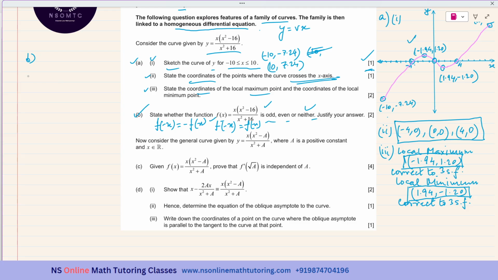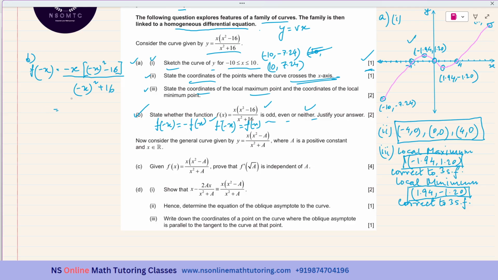Okay. So let us start with f of negative x. For f of negative x, I'll be substituting negative x in place of x. So it is negative x times negative x whole square minus 16 over negative x whole square plus 16.